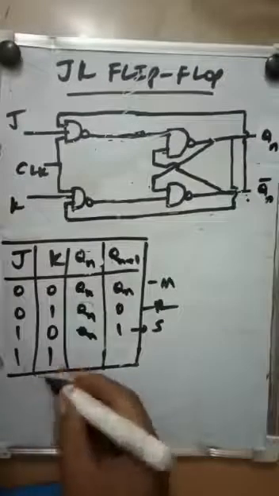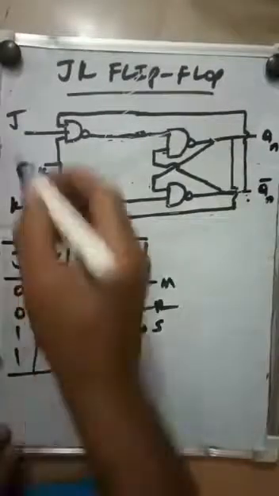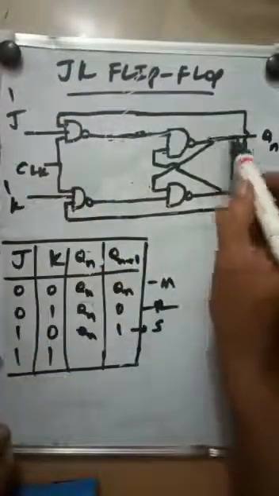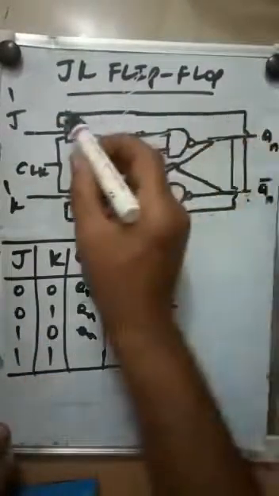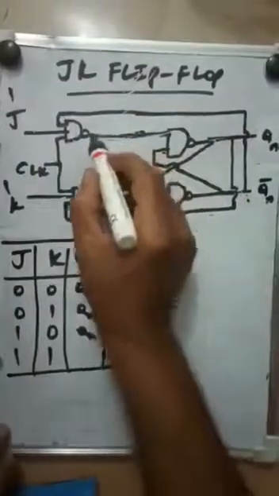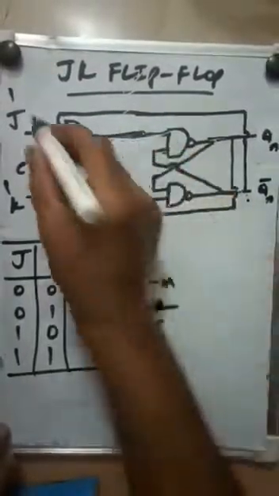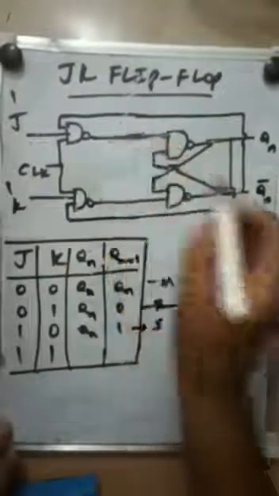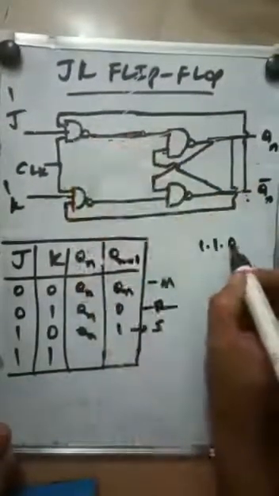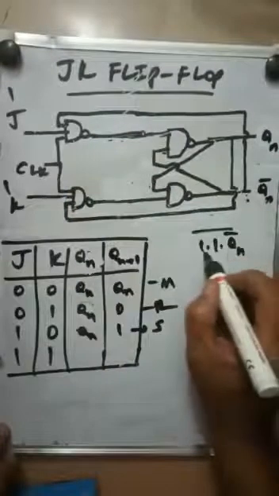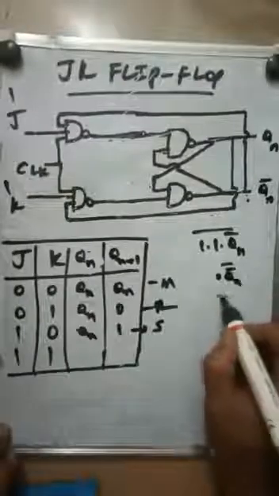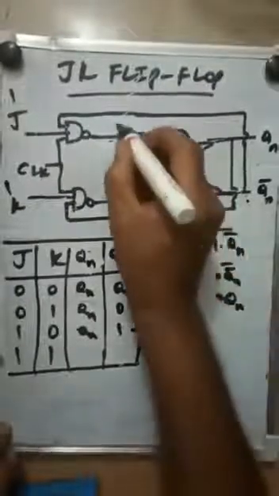Next, coming to the fourth state, when these two are 1 1. This is 1 and this is 1. So let us check. This Qn bar is going, and we are calculating for this output. That means 1 dot clock, which is always 1, dot Qn bar, whole bar. That means this is 1.1.Qn bar, so Qn bar whole bar means Qn is this output.